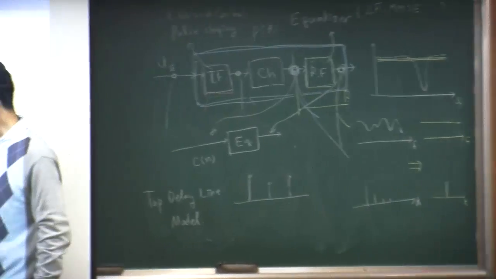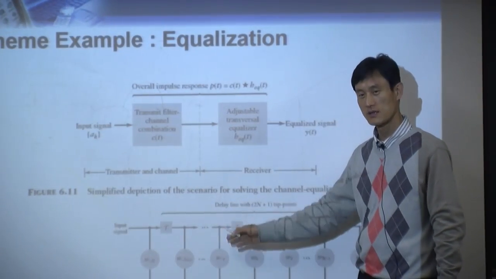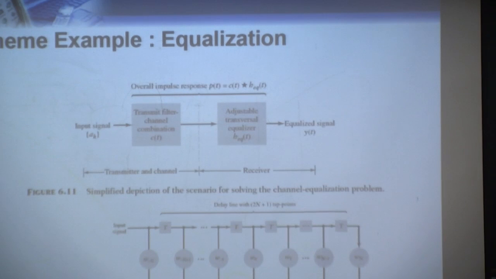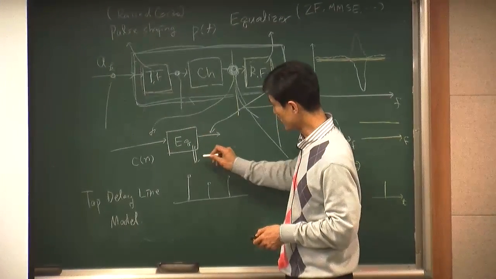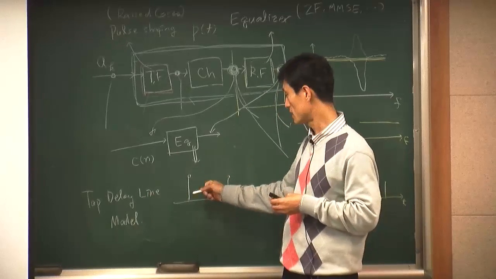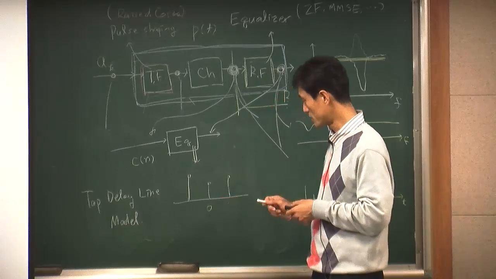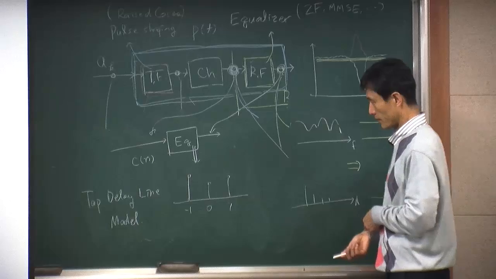you assume that there are 2N plus 1 taps. The first thing is you need to decide how many taps you're going to have. But just for example, let me assume that my equalizer has only 3 taps, like this. Now I'm going to put the middle one as 0, and minus 1 and 1 for the delays.